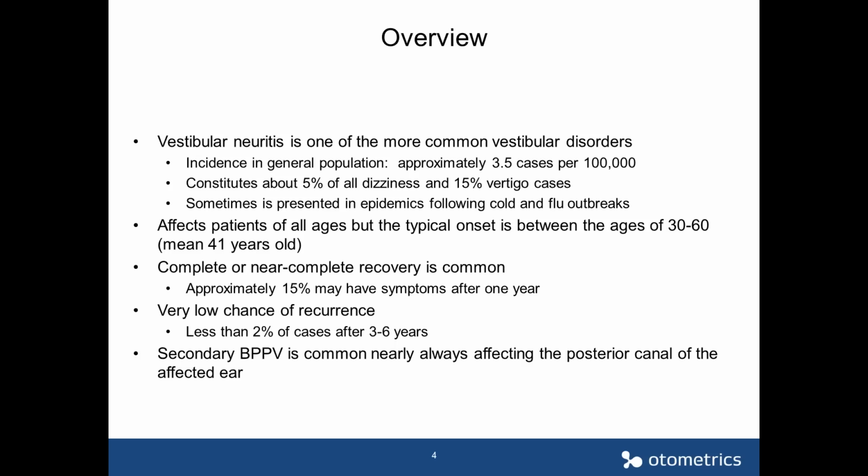So this will be a main feature that distinguishes it from Meniere's disease, which has, as you know, a much higher recurrence rate. On the other hand, many patients with superior type vestibular neuritis are at risk for secondary BPPV, and that usually affects the posterior canal.